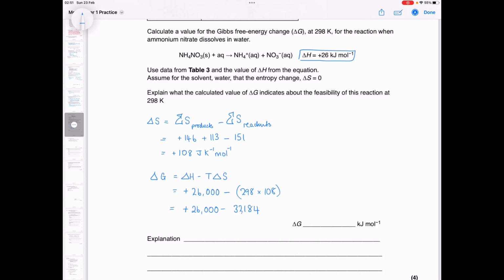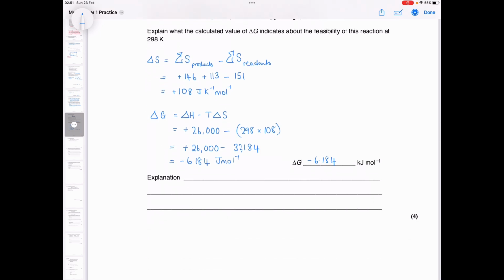So 26,000 minus 32,184 gives an answer of minus 6.184 kilojoules per mole. That was minus 6,184 joules per mole.